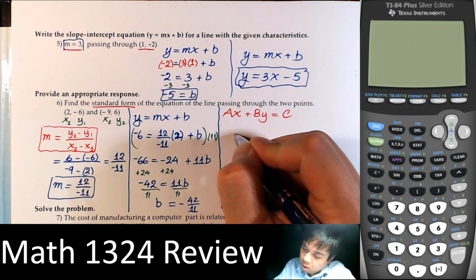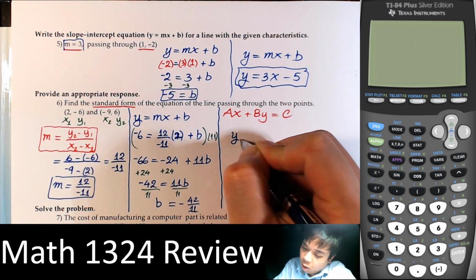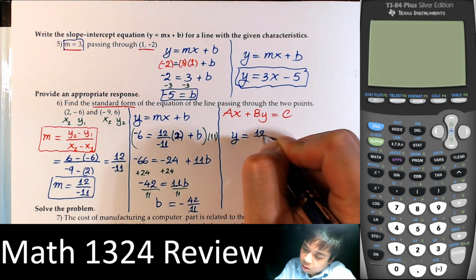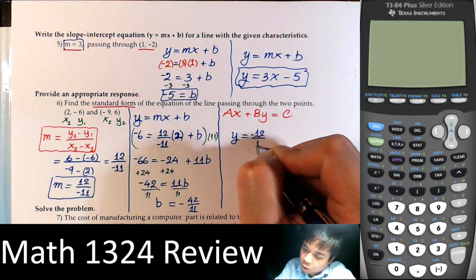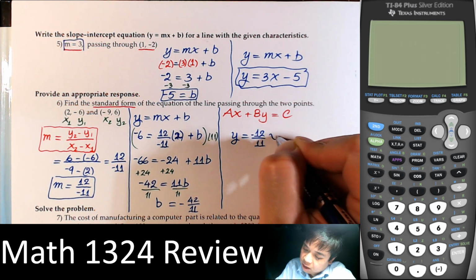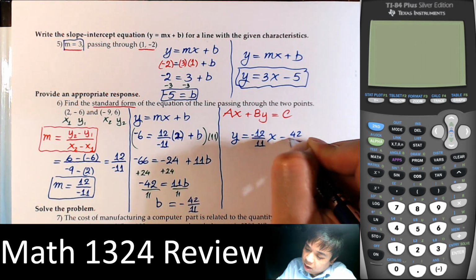Now we have the equation y equal to mx plus b: y equal to negative 12 over 11 x, I put the negative in on the top like that, minus 42 over 11.